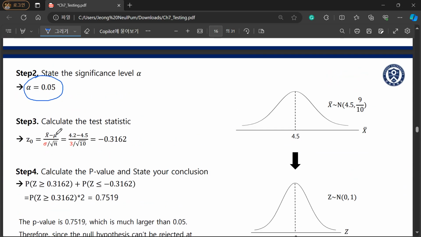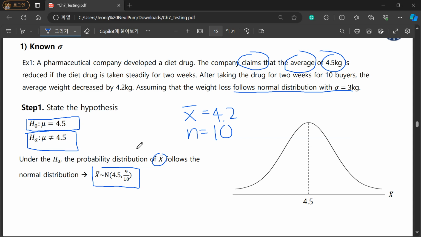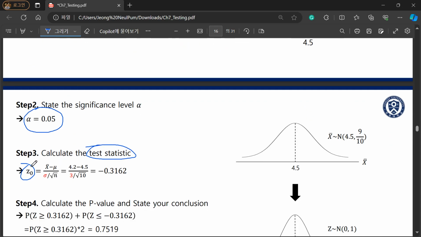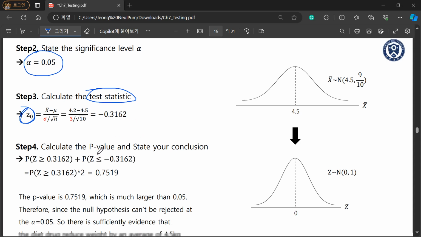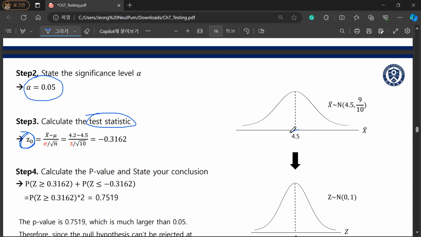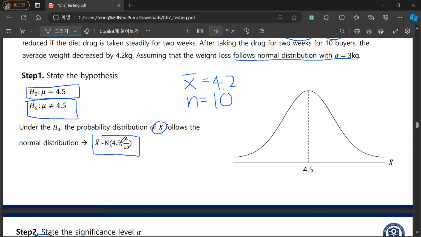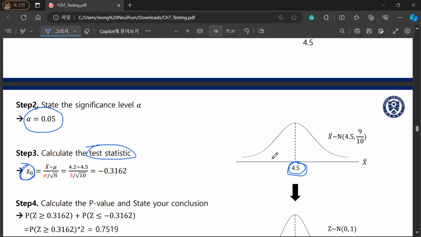Then we can construct our test statistic, the z-score, because we know that the z-score, which is the standardized value of the normal distribution, follows the standard normal distribution, from which we can calculate some probability. This is our assumption about the population mu, and we observe that our x bar is 4.2.